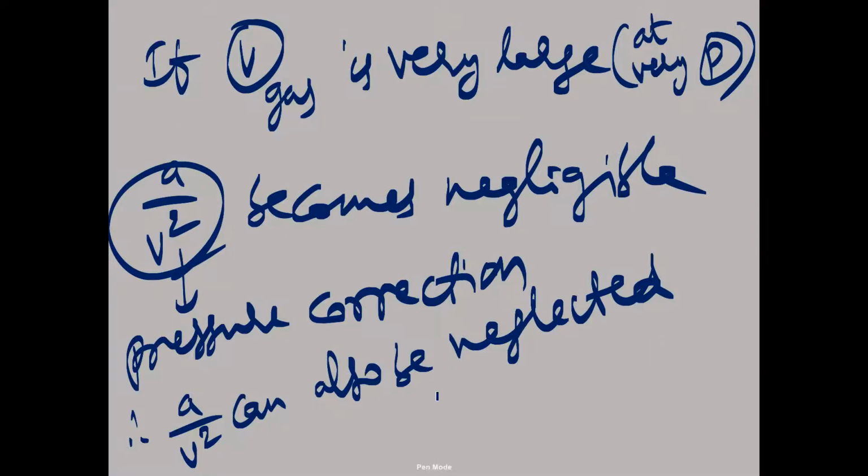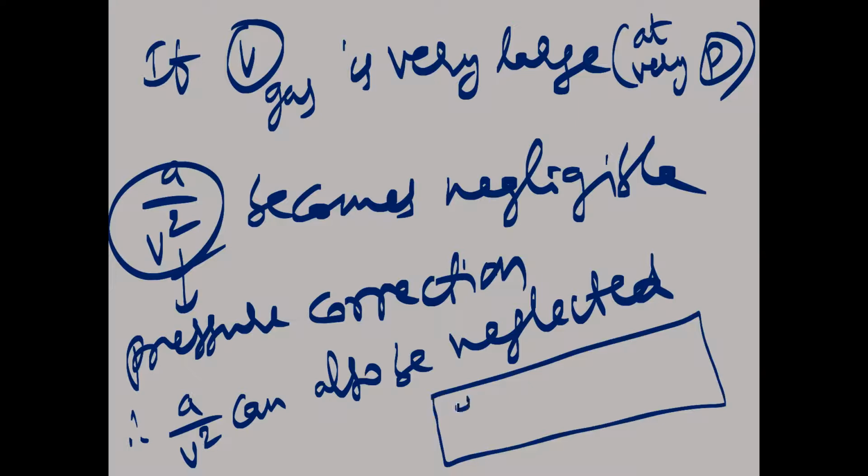Moreover, if the volume of gas is very large, suppose in a container, the distance between molecule and molecule will be very large. Intermolecular distance will be large. When distance is large, very less attraction will be there.